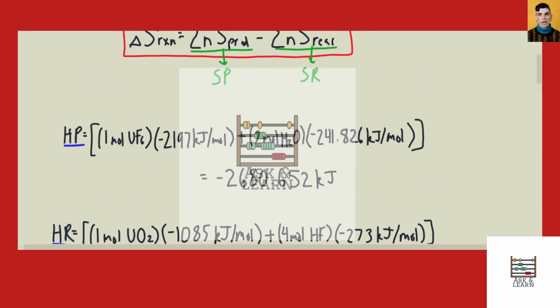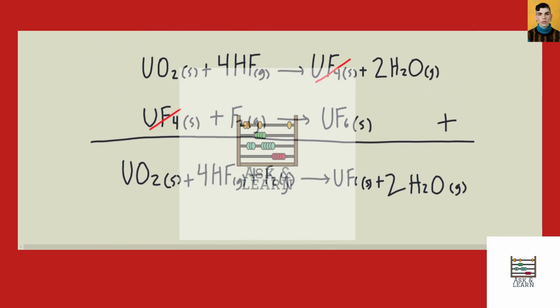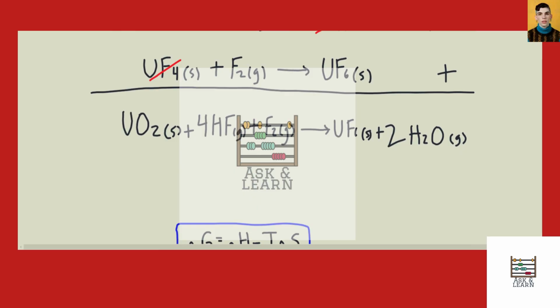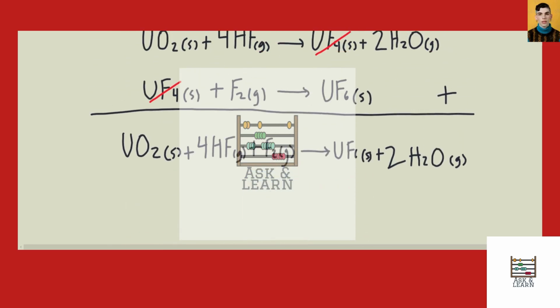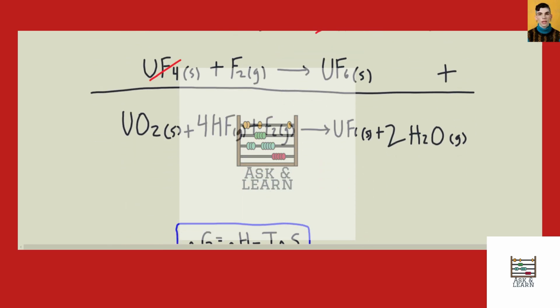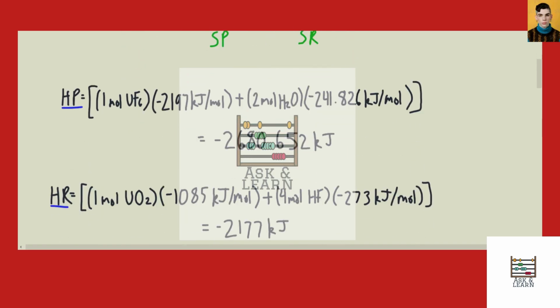So starting with delta H, we can break up the change in enthalpy of the products and reactants into two different expressions to help us organize our work. Again, we are going off of this overall equation now. We start with the products, and we see that we have 1 mole of UF6 and 2 moles of H2O on the product side.